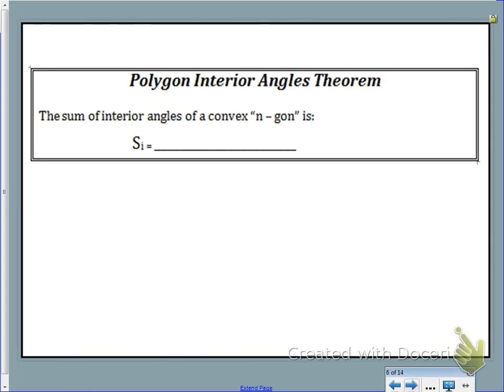The polygon interior angle theorem states that the sum, keep in mind, is not one interior angle, but all of the interior angles added up. The sum of the interior angles of a convex n-gon is equal to S sub I, so S standing for sum, I standing for interior, equals (n minus 2) times 180, where n equals the number of sides.